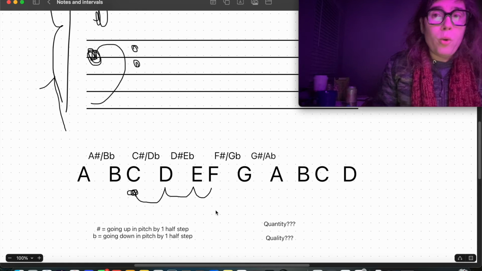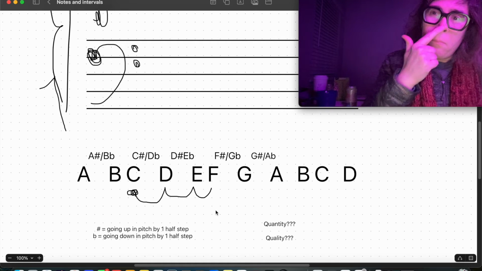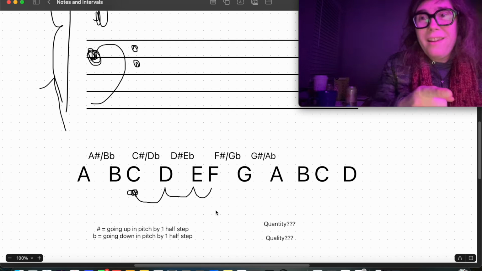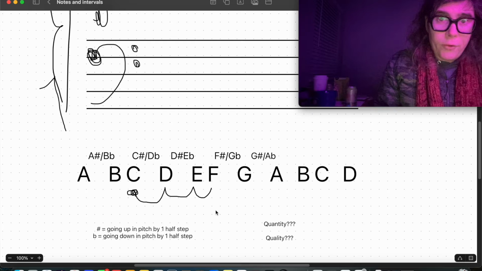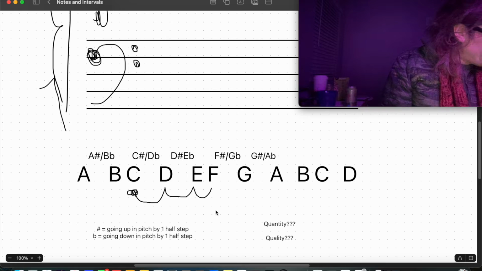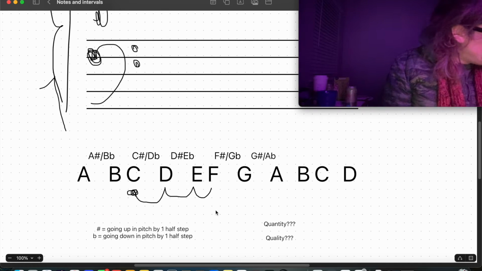Okay, so check this out. You try it. What is the interval from D to B? And I'll do it with you. I'll give you a moment while I erase my work here. That was D to B. Okay, you should have counted it by now.